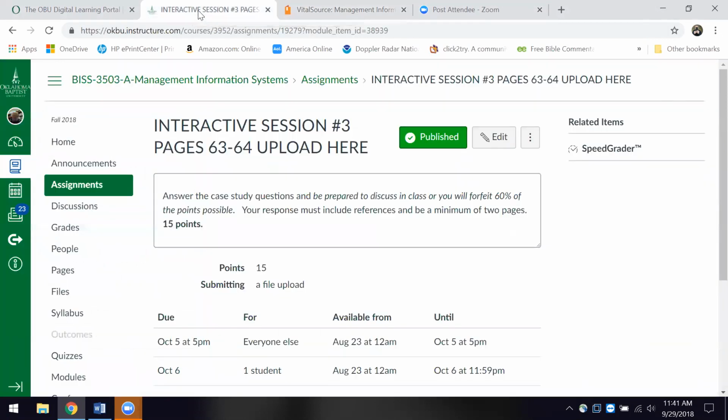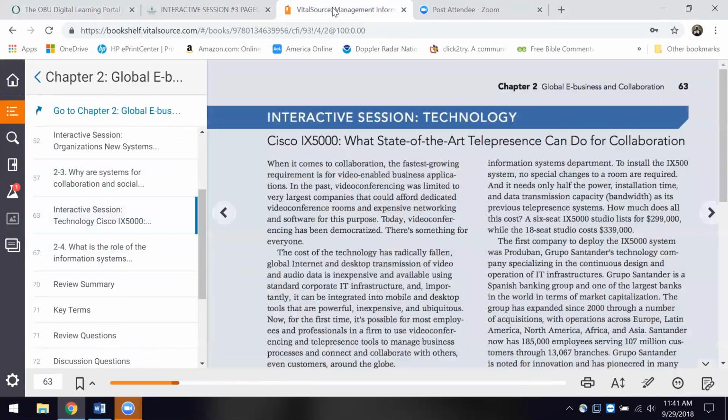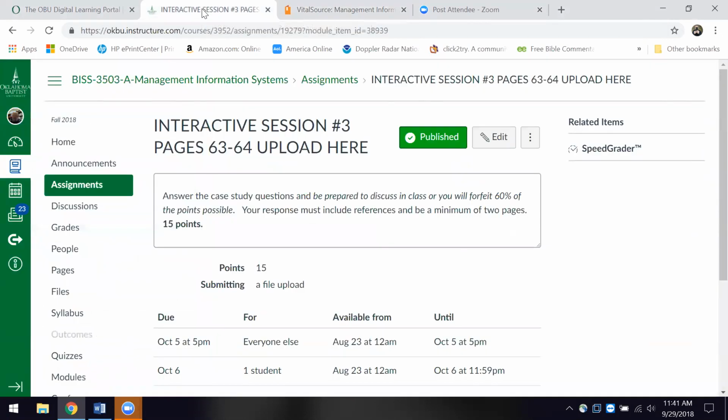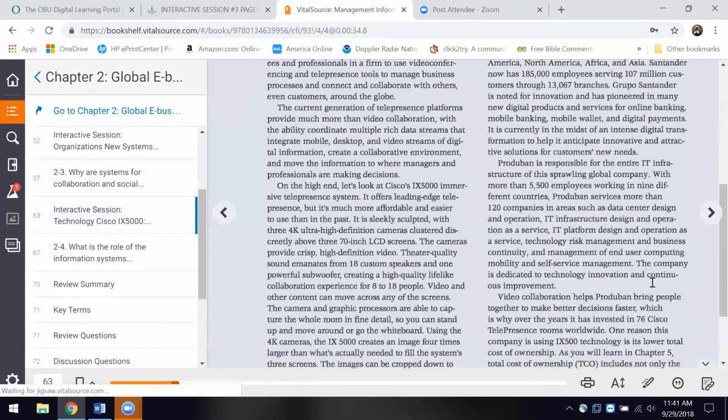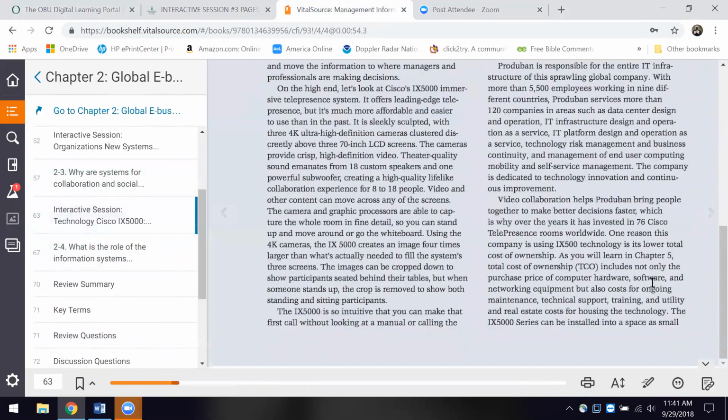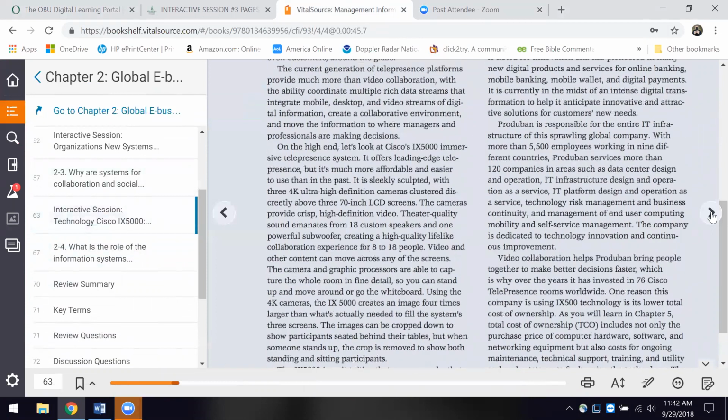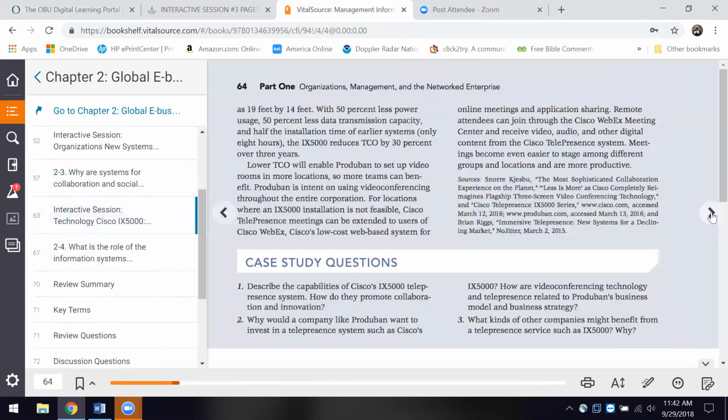And I want you to do interactive session number 3. Let's go back there. Well, interactive session number 3 for us will be the one on pages 63 to 64. I apologize. Okay. Again, answer the case study questions, provide your references. That's all you've got to do.